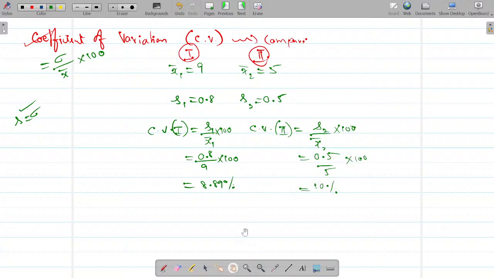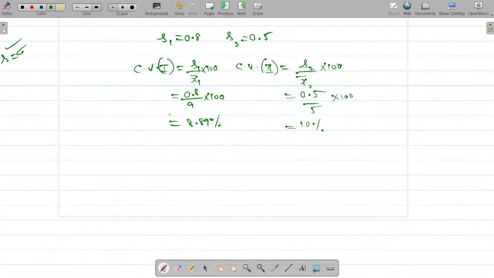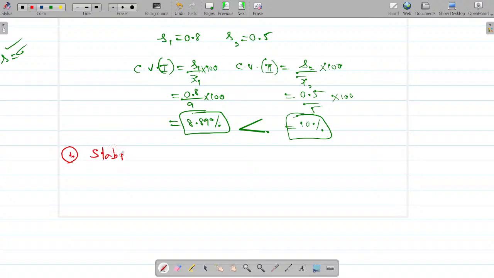Now tell me. We are going to compare, right? These two values. Which value is lesser and which value is greater? So when a question is asked with respect to stability, which is more stable and which is less stable. This is more stable. Stable means how closely it is packed.